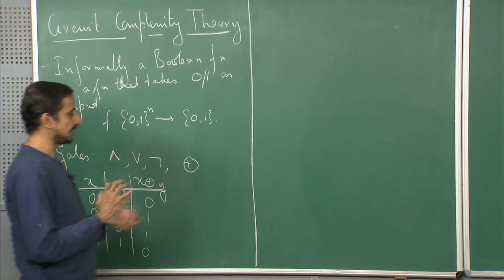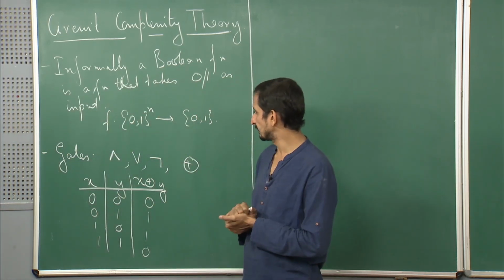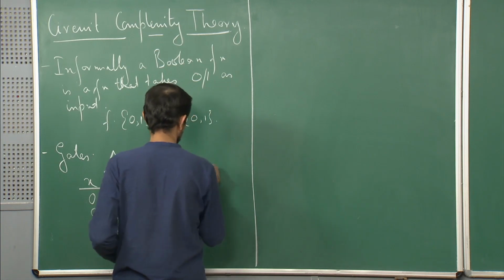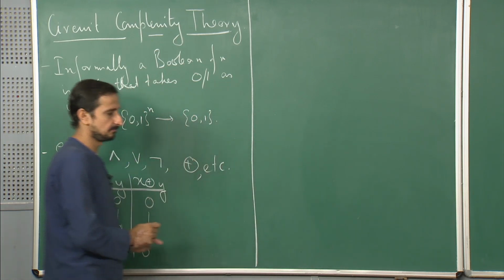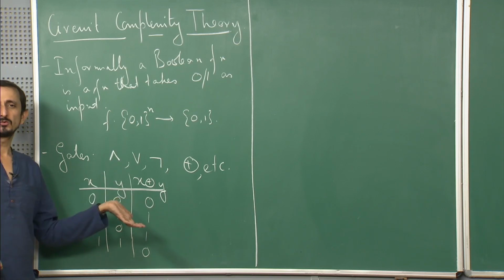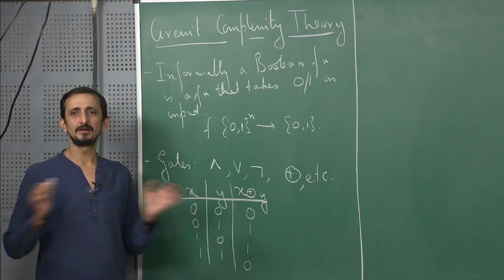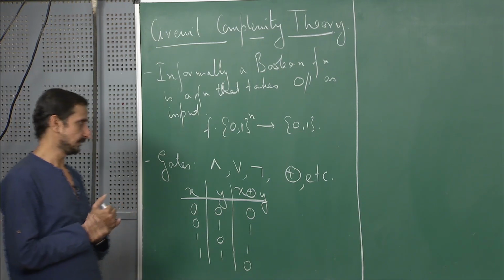So this is the parity function. These are just some examples of gates. Of course, you can construct a gate for any Boolean function, and it is not necessary that a gate has to take just 2 inputs. You can have gates which take an arbitrary number of inputs as well.